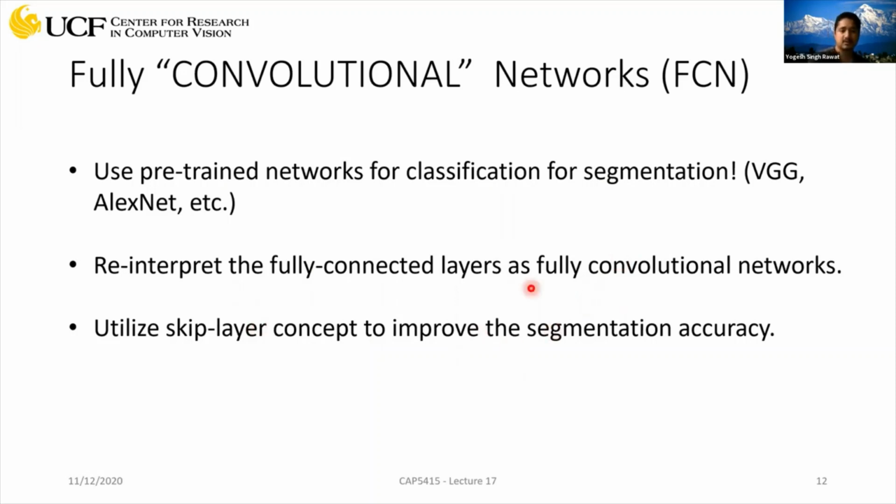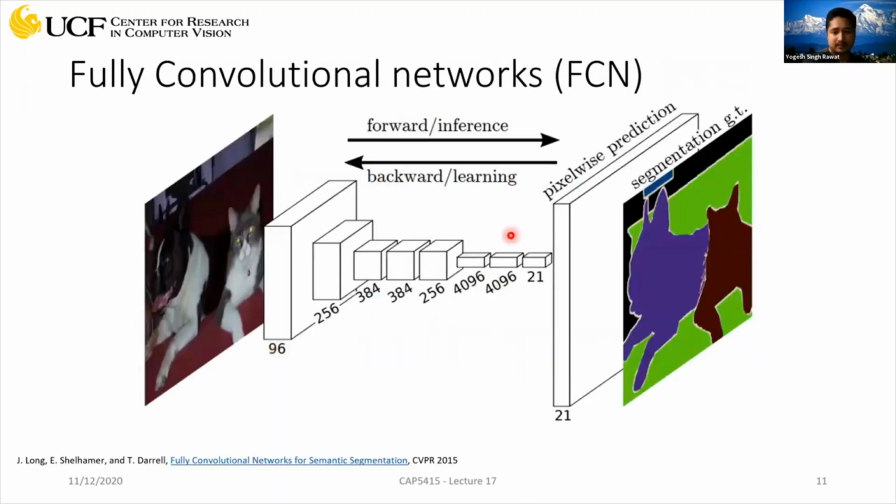Okay, so one interesting idea here was the use of skip layers. The idea was that these earlier layers have features at a higher resolution when you compare them with these later layers, and they will have finer details about the structure of the input image.